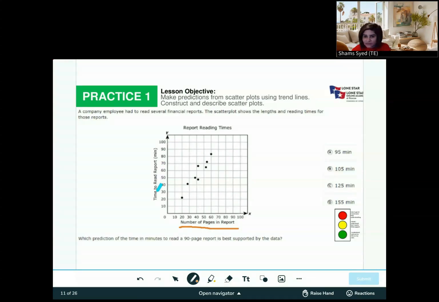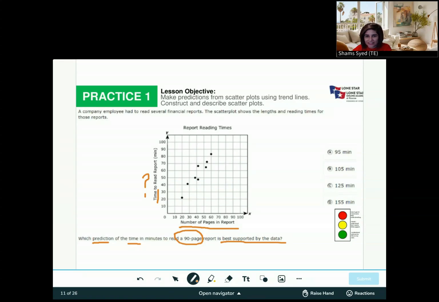The y-axis is the time to read the report. Now the question says, which prediction of the time in minutes to read a 90-page report is best supported by the data? And we have 4 answer choices.